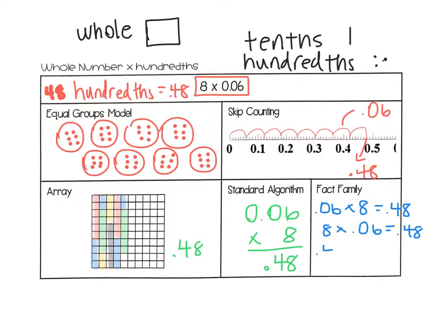I can say 48 hundredths divided by 8 groups equals 6 hundredths in each group. And I can also say 48 hundredths divided into groups of 6 hundredths equals 8 groups. So these are some different representations that we can use when we are multiplying a whole number by a decimal less than 1.